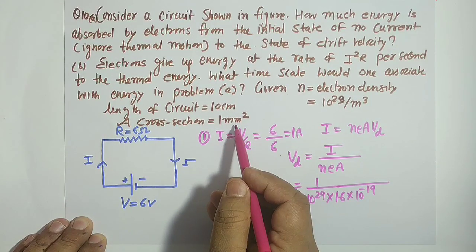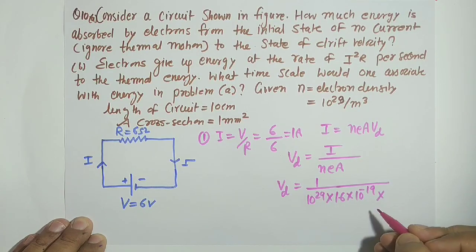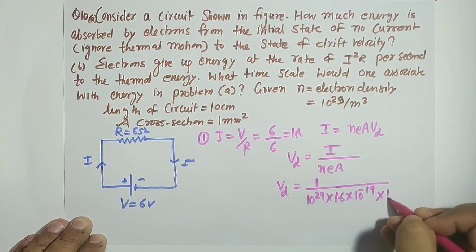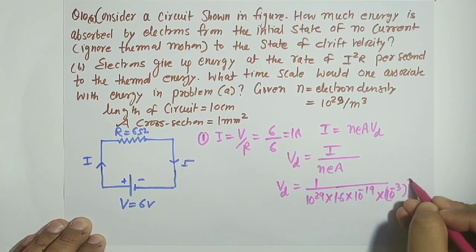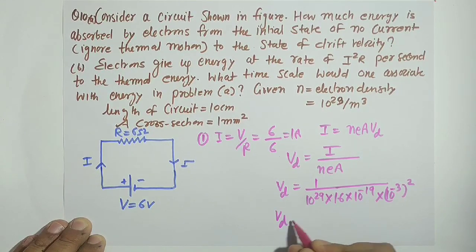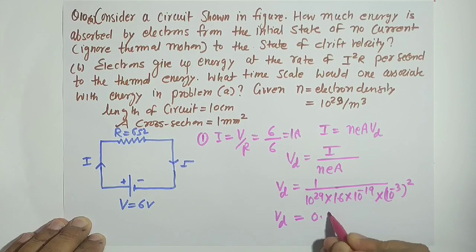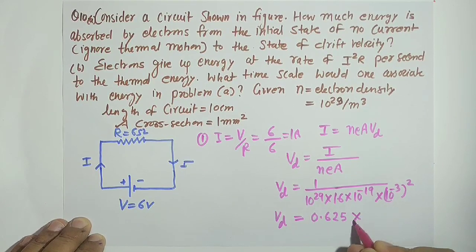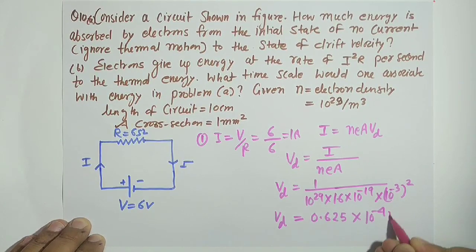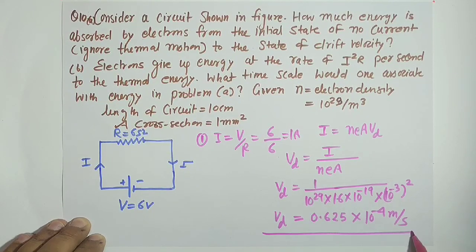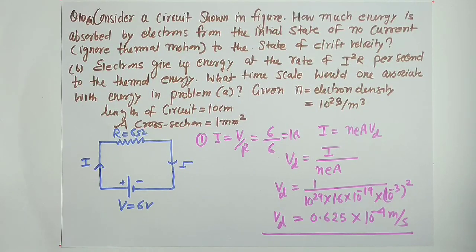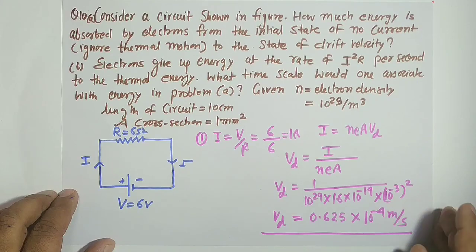And what is area? 1 millimeter square. So can we write 1 millimeter square, in meter, as (10 to the power minus 3) square. So you get the drift velocity from here, and the value comes 0.625 into 10 to the power minus 4 meter per second. After the calculation you will get this drift velocity. Okay, got it?